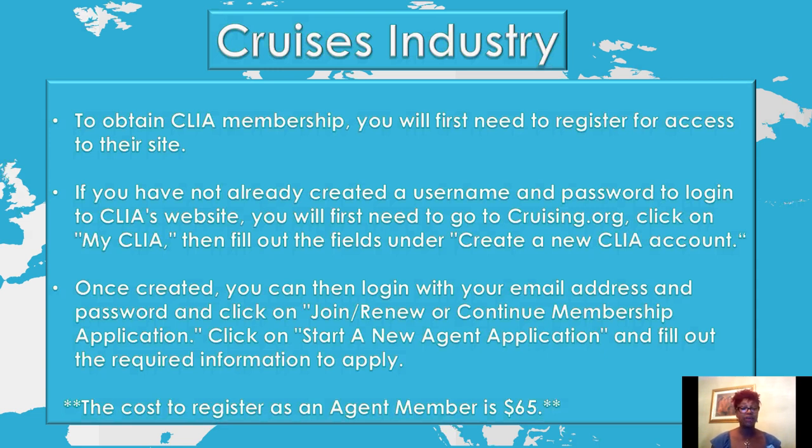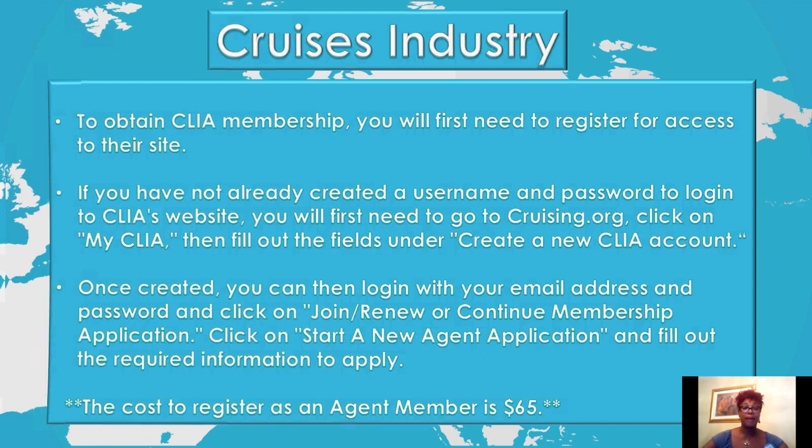Once you've created that account, you can log in with your email and password and then click on Renew, and that'll follow you through the membership. You put in INTELETRAVEL's information, and the cost will be $65. It's actually $99 outside of INTELETRAVEL, but because you're an INTELETRAVEL agent, it's $65. So jump on that. Take advantage of that deal.